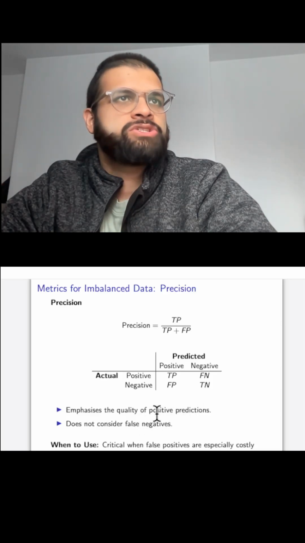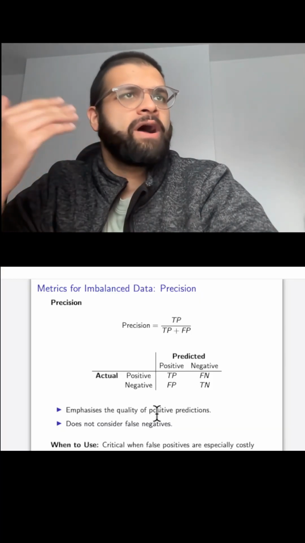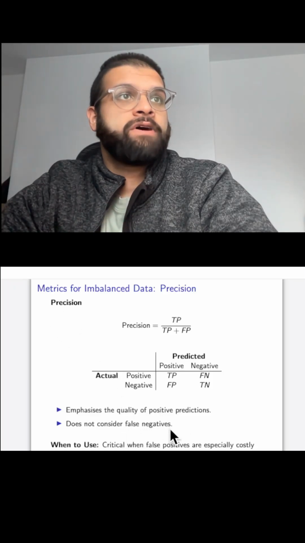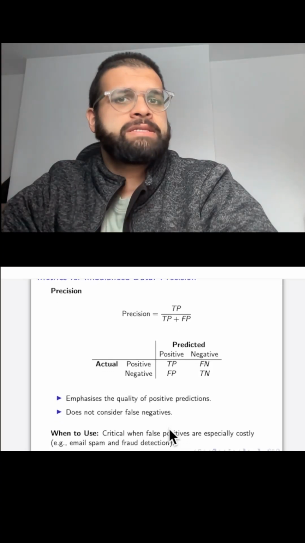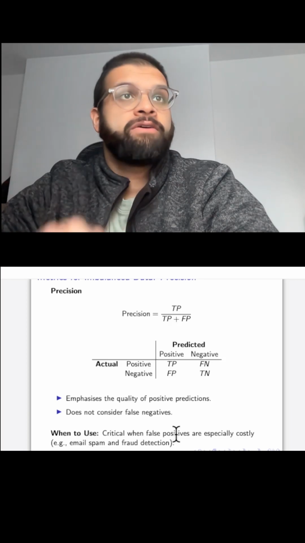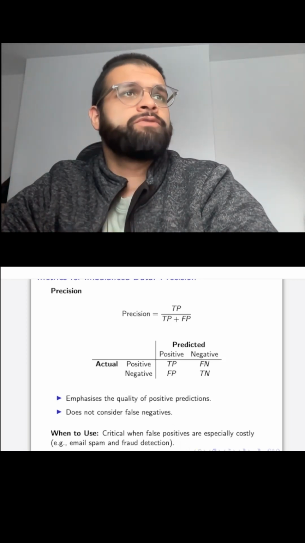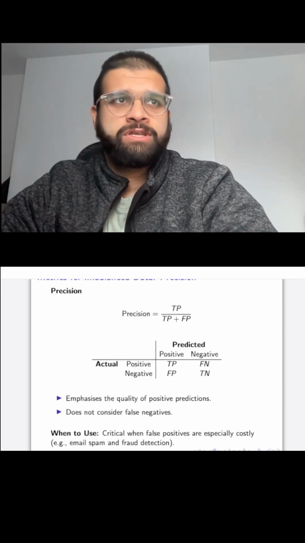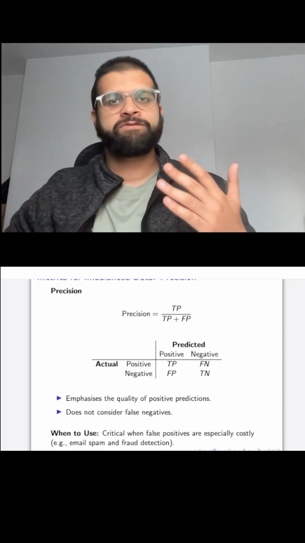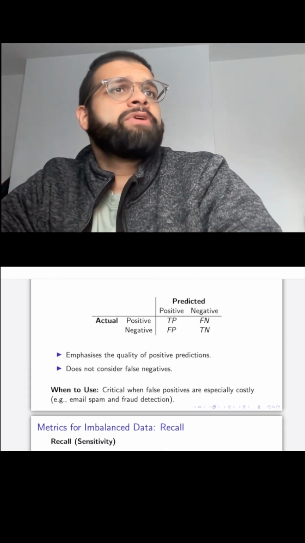So you want your predictions to be as positive as possible, and have a high proportion of that. This metric does not consider false negatives at all, and it can be useful where false positives are very frowned upon and you don't want these things to happen. For example, in email spam or fraud detection, you don't want mistakes to happen by misclassifying an email or misclassifying a fraud.